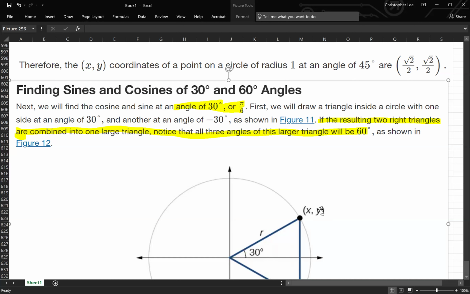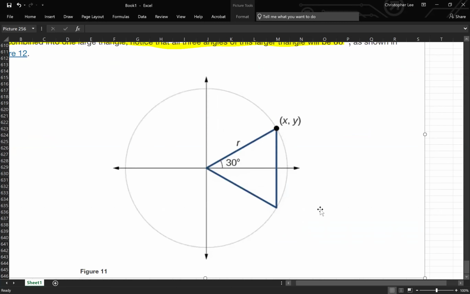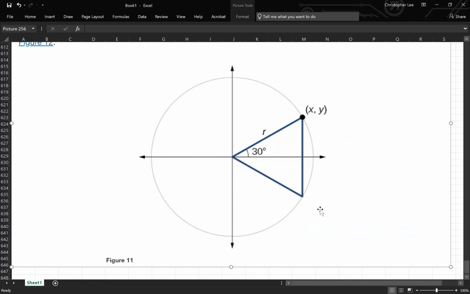If the resulting two right triangles are combined into one large triangle, notice that all three angles of this larger triangle will be 60. So we're talking about this figure right here.